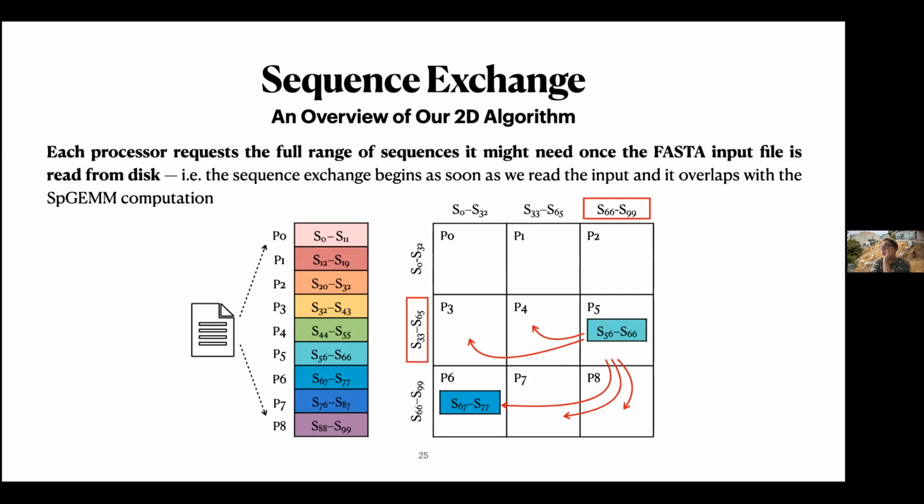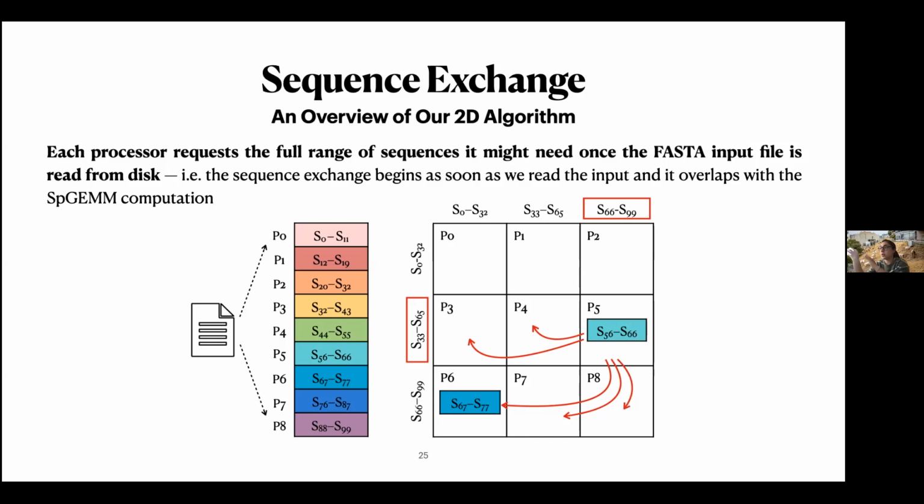One thing to mention is that when we read the input sequences at the beginning, they are distributed in a kind of 1D way, as we can see on the left of this drawing. But what we want is for those sequences to match the 2D decomposition that we have in our matrices. So as soon as we have read the data at the beginning, we start communicating the sequences according to a 2D decomposition.